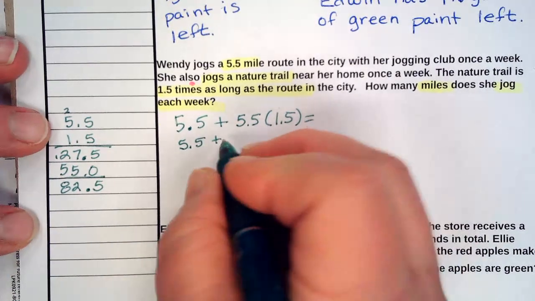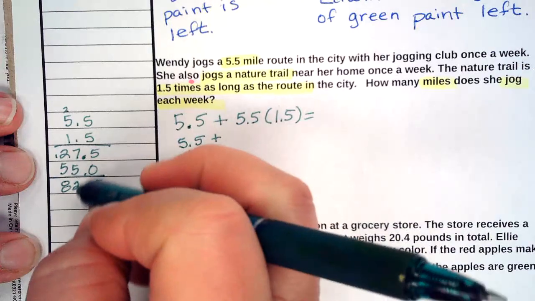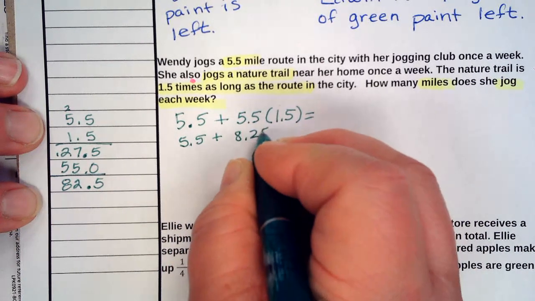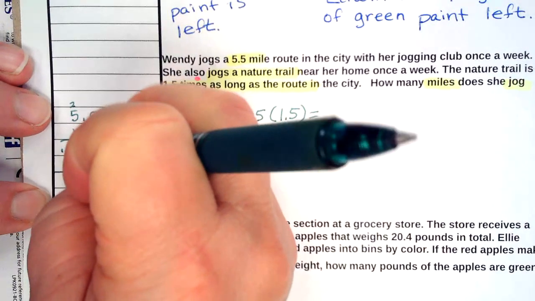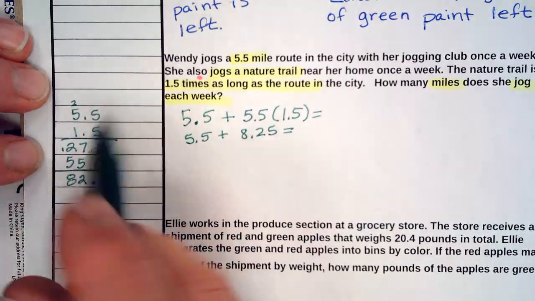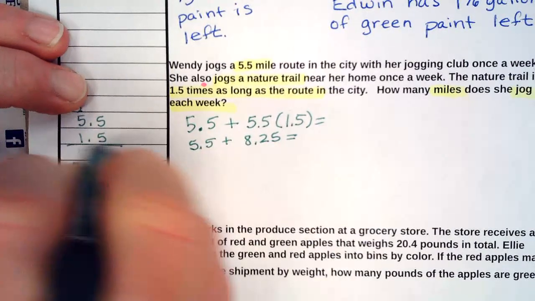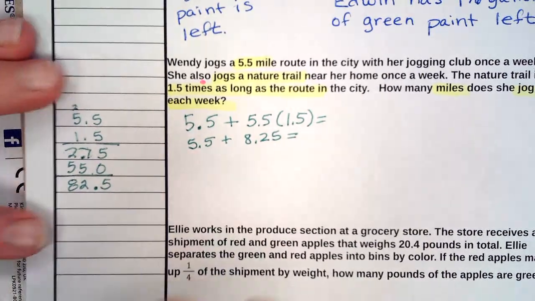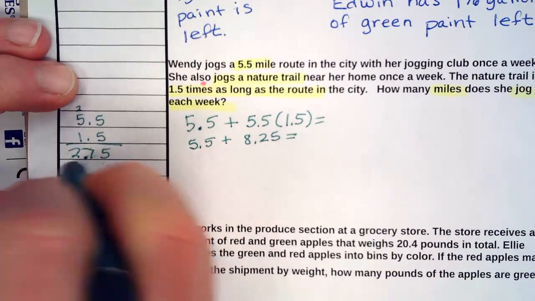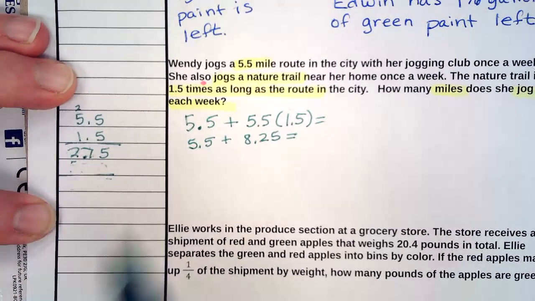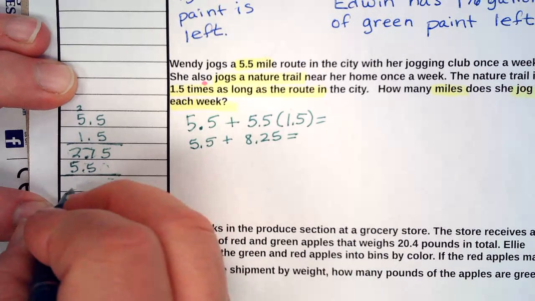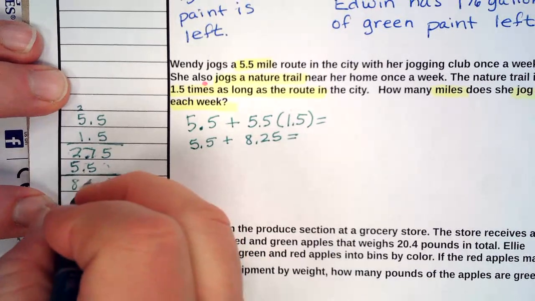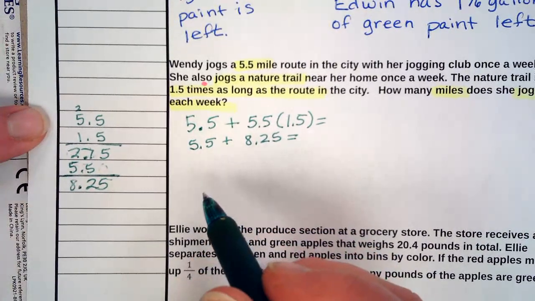5.5 plus 8.25 is equal to, I got my decimal off here, it doesn't make any sense to be 82 when I'm only multiplying it by 1 1/2.